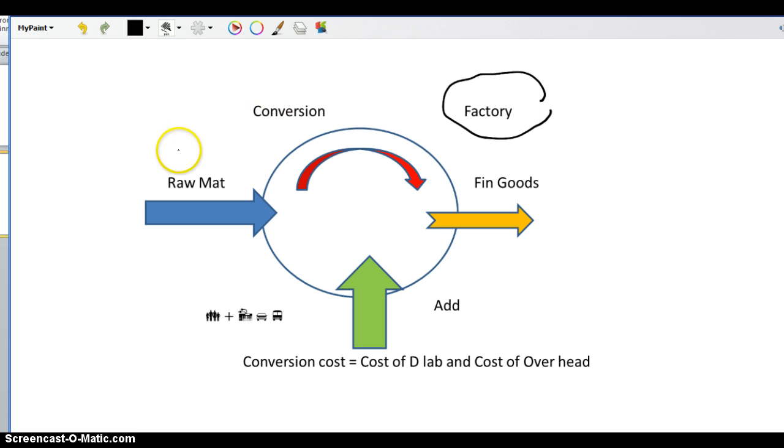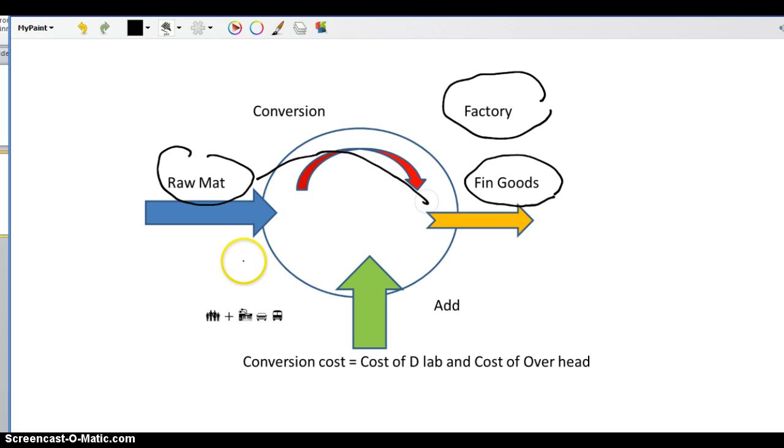The factory costs are raw material, which is converted to become finished goods, and the cost of conversion, from here to become that, you've got to have a conversion cost.